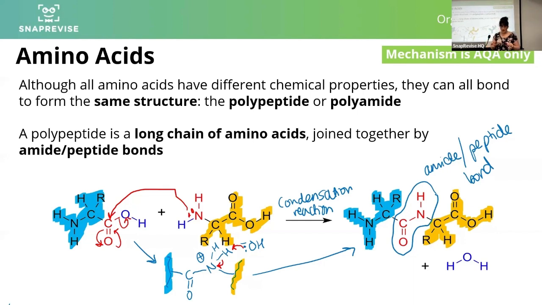Okay. Was there anything else I wanted to say? Don't think so. I think you can also show the creation of a molecule which has got 2 ions in it.